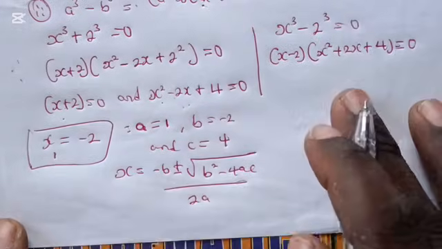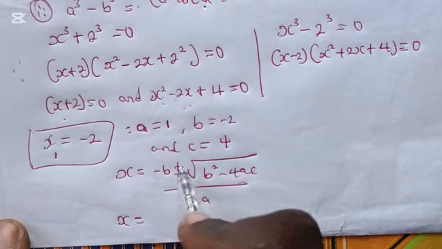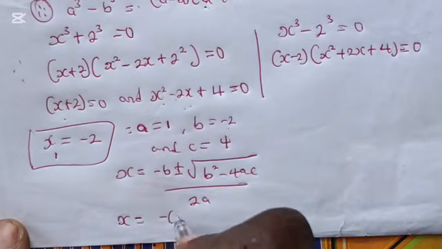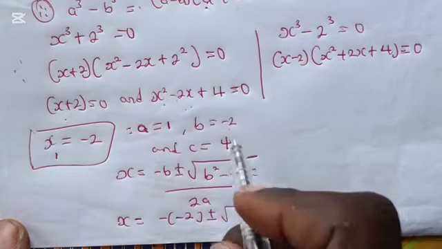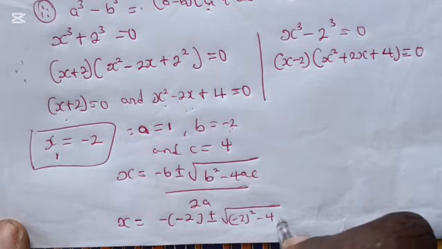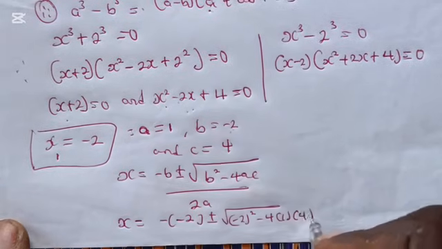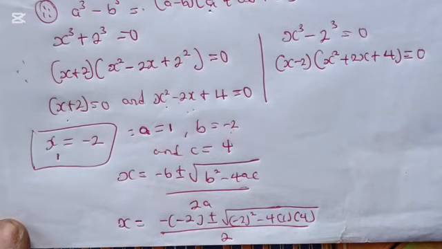Now, when you substitute the parameters, you have x equals minus (minus 2), plus or minus root of (minus 2) squared minus 4 multiplied by 1 multiplied by c, which is 4, right? All divided by 2 multiplied by 1, which is 2, right?